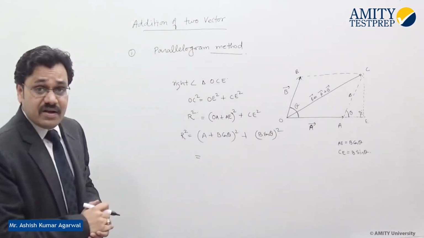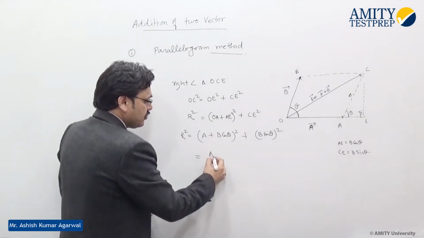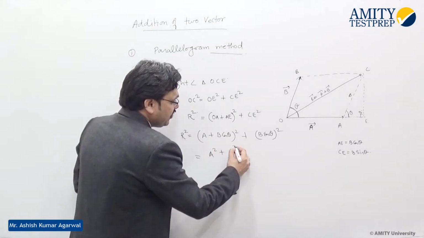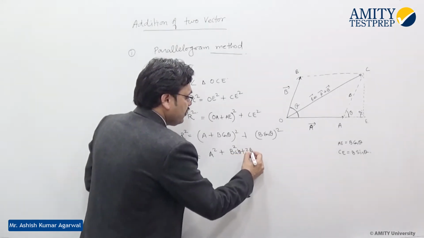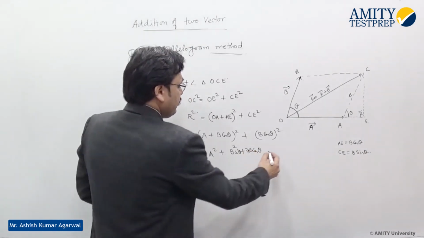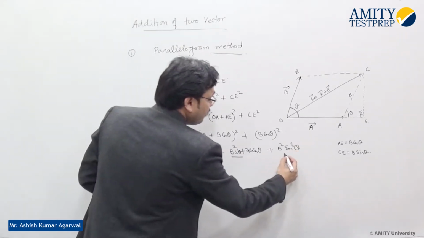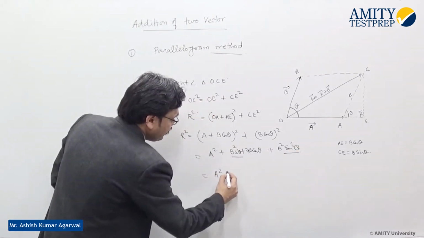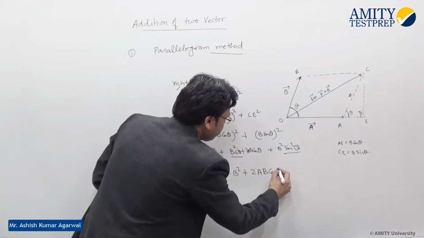If I expand this, I get A square plus B square cos square theta plus 2AB cos theta, plus B square sin square theta. If I take common from these two terms, I get A square plus B square plus 2AB cos theta.